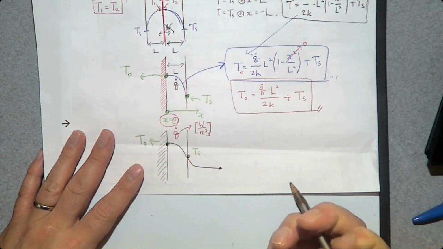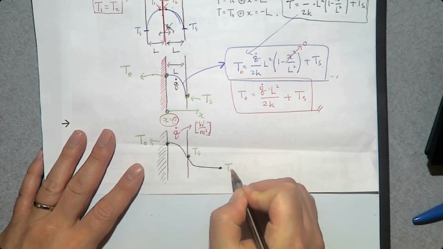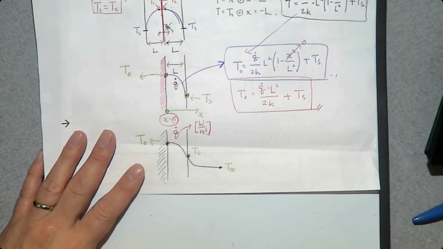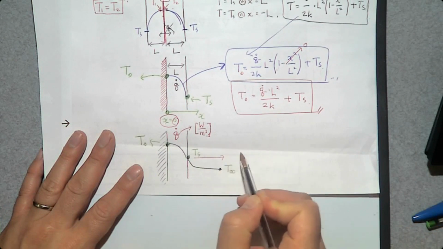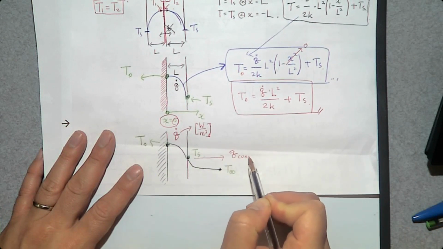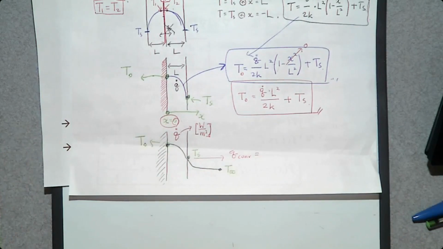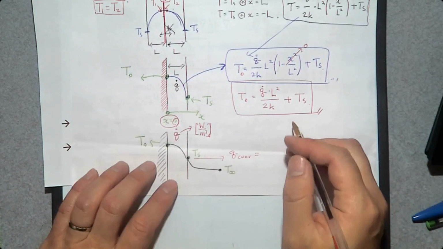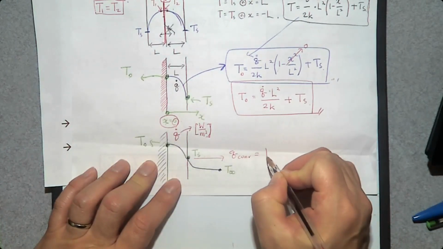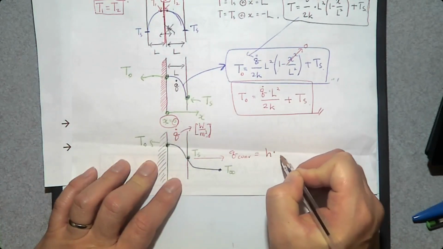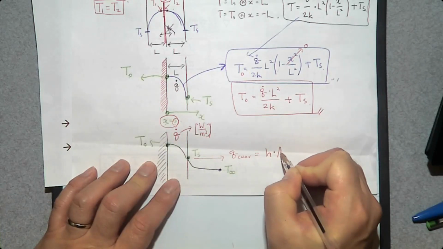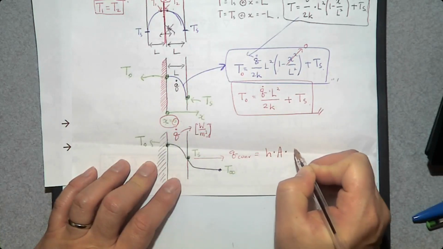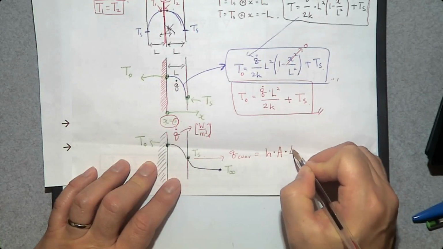And the temperature of the surrounding is going to be T infinity. Then what kind of heat transfer in this direction? Q by convection. Do you know how to determine convection heat transfer? We studied it in chapter 1. We can use Newton's law of cooling that can be determined by h, convection heat transfer coefficient, times surface area where heat is transferring through, times temperature difference.